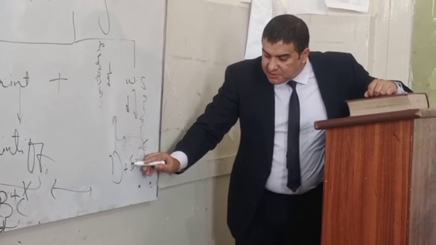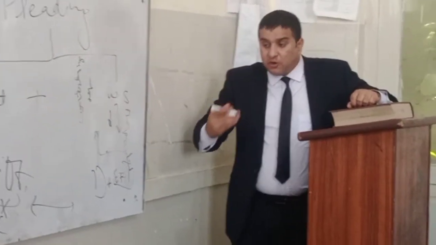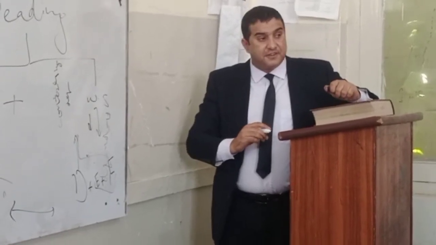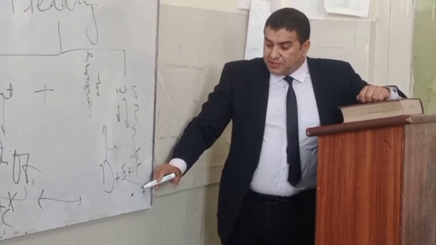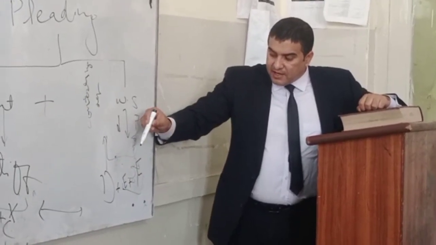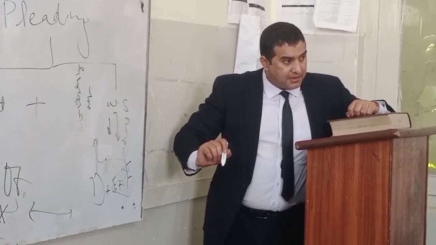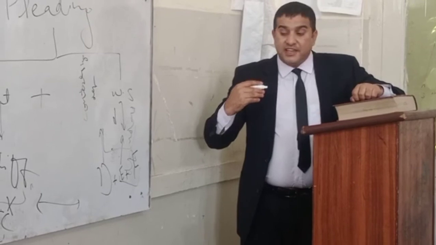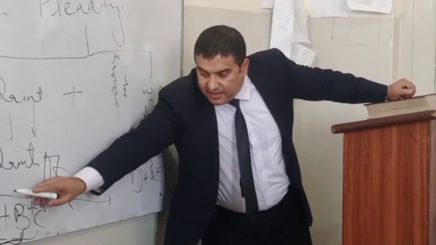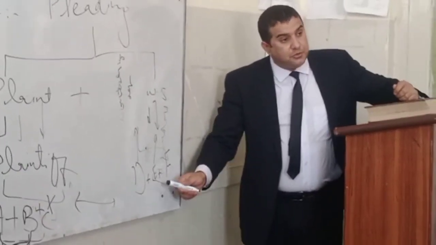Now it is a choice with E and F whether they accept or deny the allegations of the plaintiff. It is their own sweet will. E and F don't need to have the same assertion or the same plea as that of D. For example, if E says that he partially accepts the claim of A and B, but he does not accept the claim of C, he can do so.